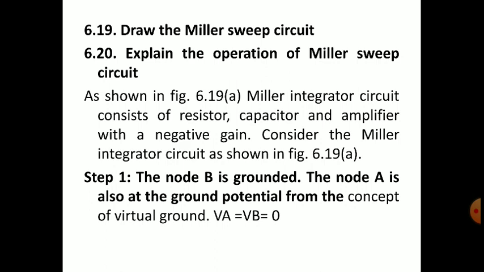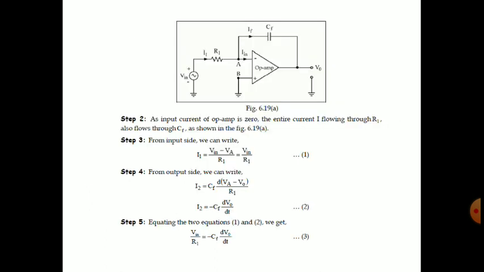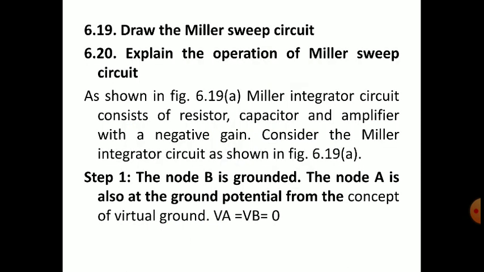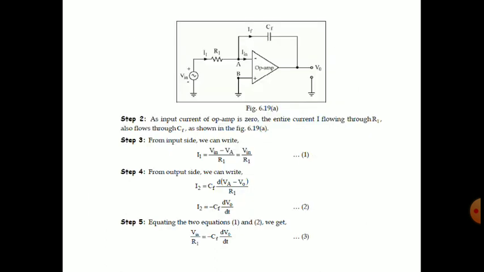Consider the Miller integrator circuit as shown in the figure. Step 1. The node B is grounded, right? B is connected to ground. Node A is also at ground potential from the concept of virtual ground. Yes, there is a concept of virtual ground in this op amp, where voltage at A, VA, and voltage at B, VB, will remain the same. They should remain equal, then only the op amp will function properly.